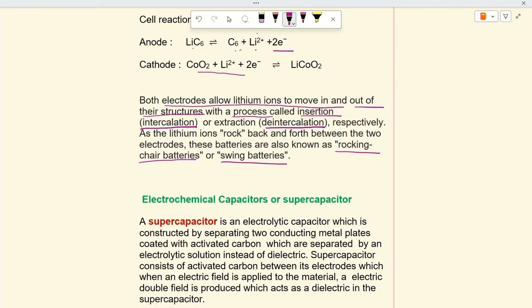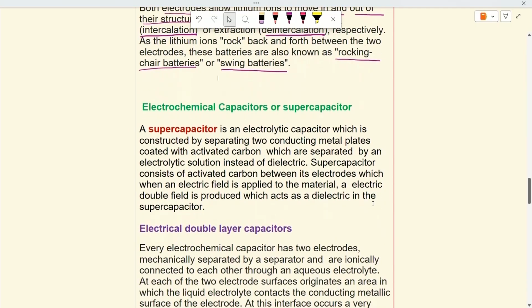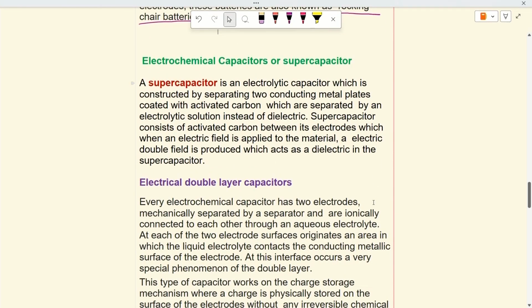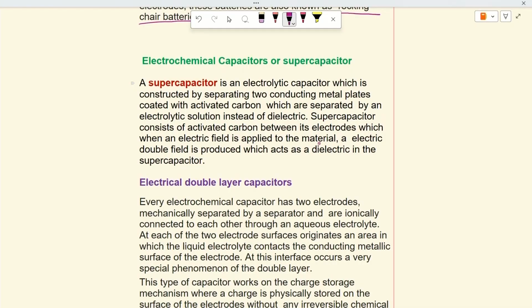Next, we will see electrochemical capacitors or supercapacitors. Capacitors in which we use metals and, as a dielectric, an electrolyte, we call an electrolytic capacitor. They have activated carbon on the electrodes.